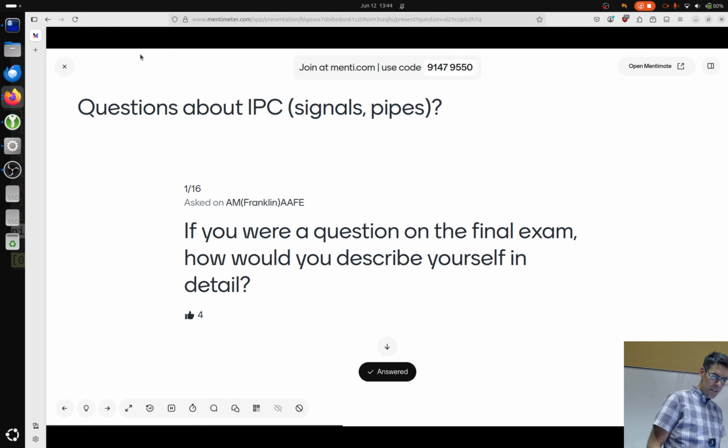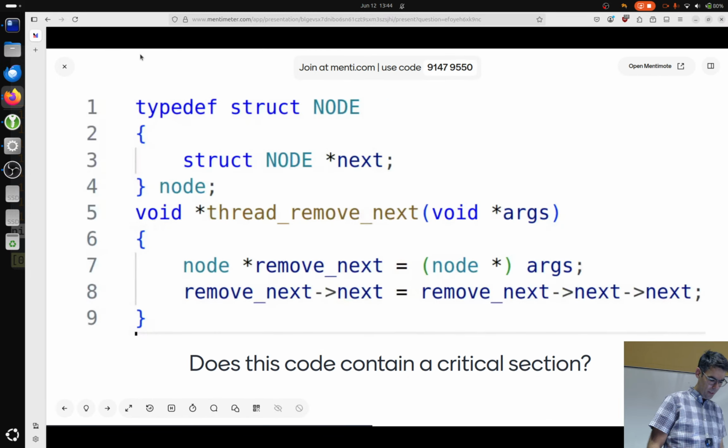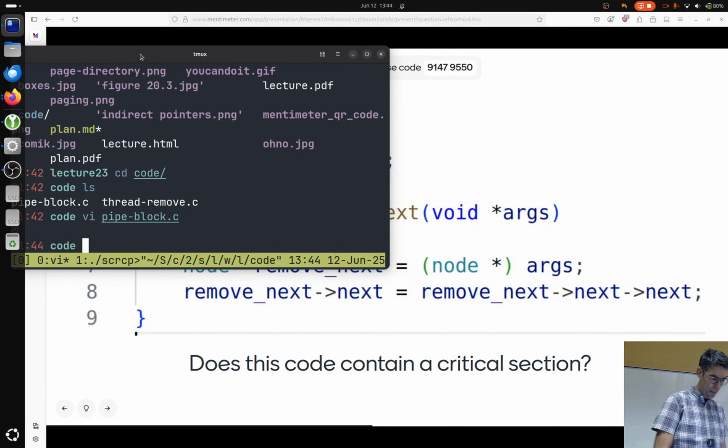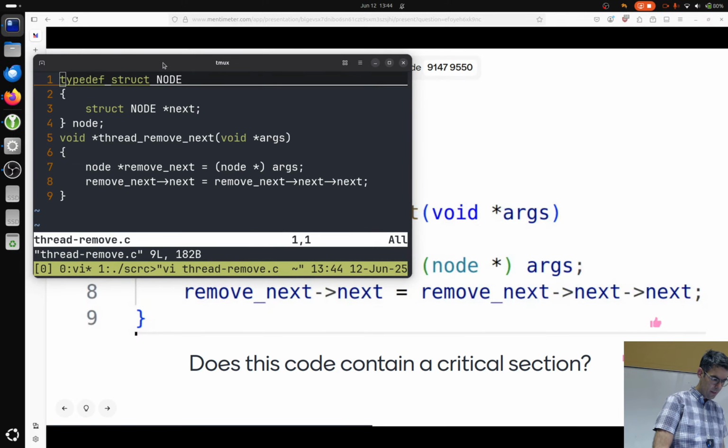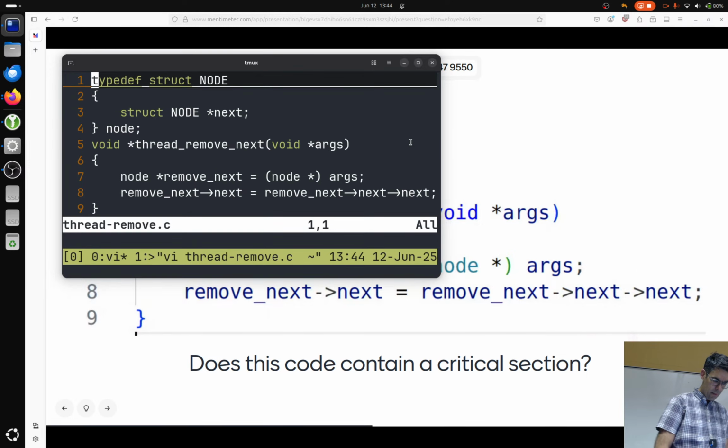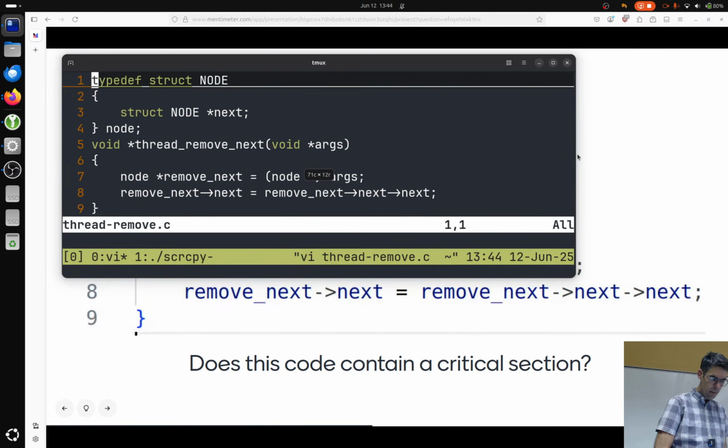I'm going to skip past this and go to more questions. I'm just going to open this code up in my terminal here, and I'm going to give you a couple seconds to take a look at it. Then I'm going to try to do some rapid switching between my terminal and Mentimeter so that I can have the code up at the same time as the question. I'll give you 10 more seconds to take a look at this code.